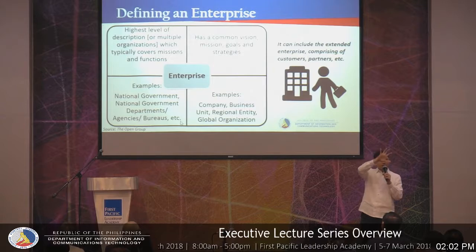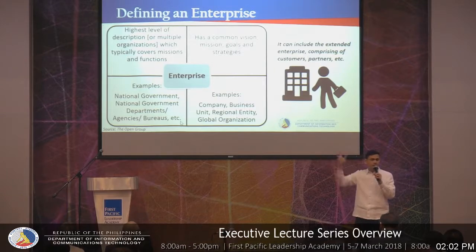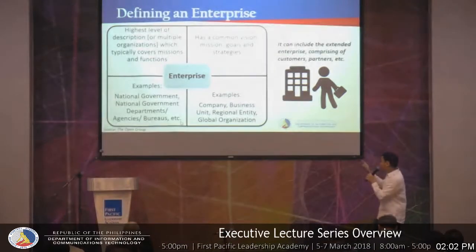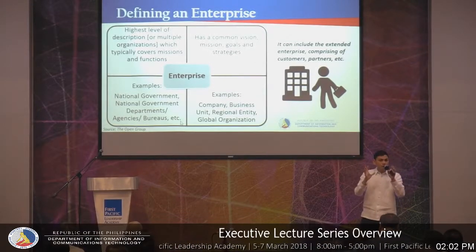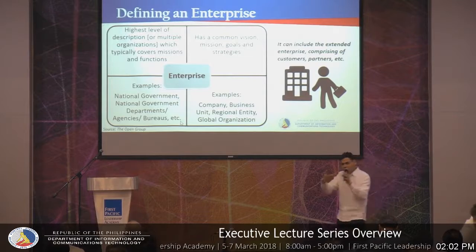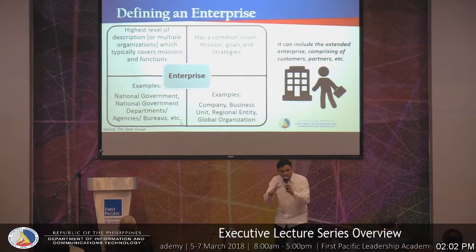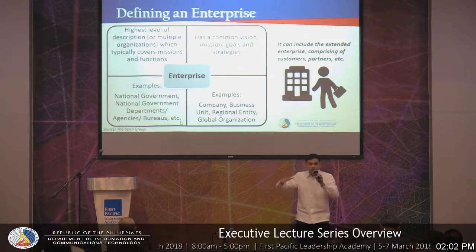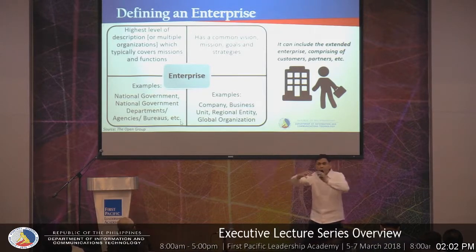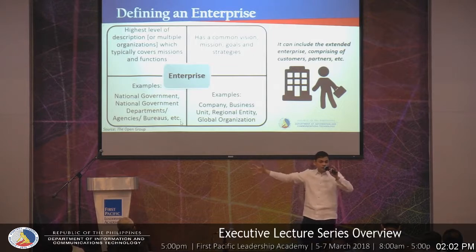Okay. When I say enterprise architecture, let's define first what I mean. Enterprise is the scope of the work. You can have my enterprise is my bureau, or my enterprise is my corporation, or my enterprise is my agency, or my enterprise is my sector, or my enterprise is the whole country.